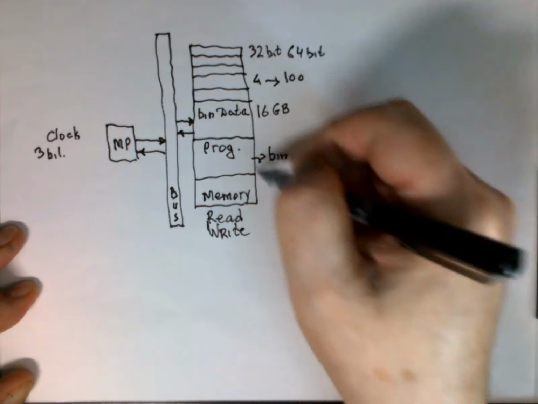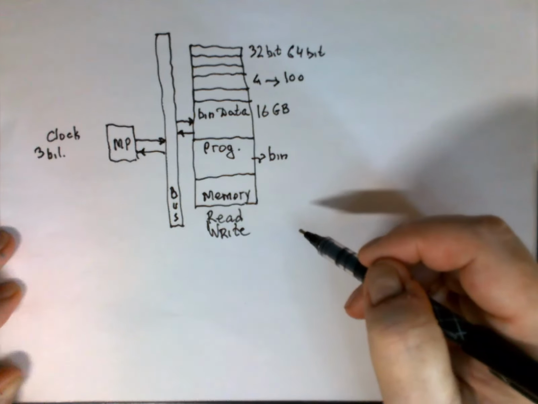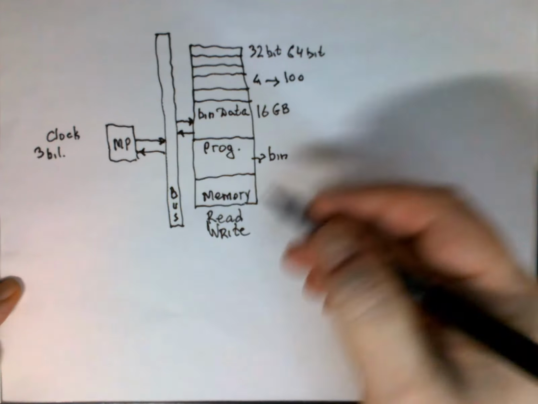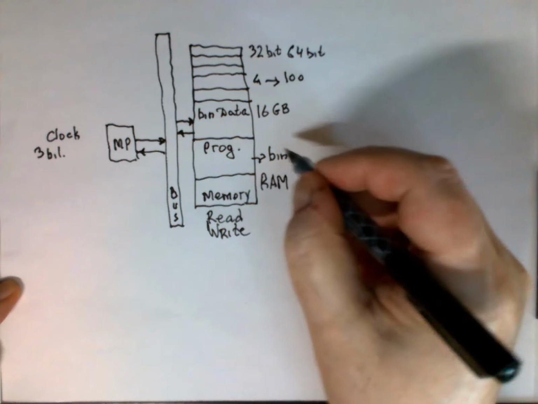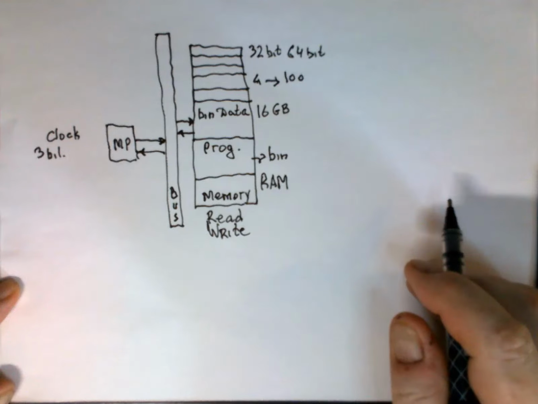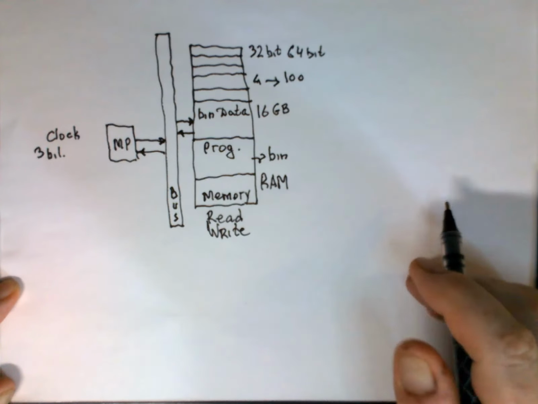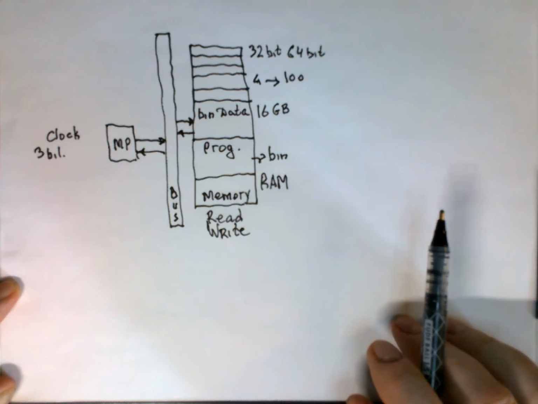So the addresses for this could be chosen randomly, meaning this is named random access memory. Access to any cell number could be done randomly according to the needs of the microprocessor or what the program dictates.